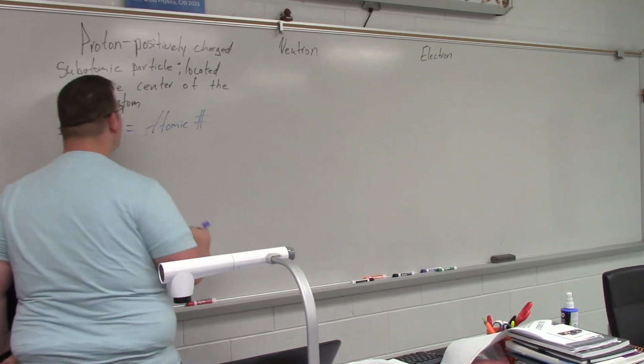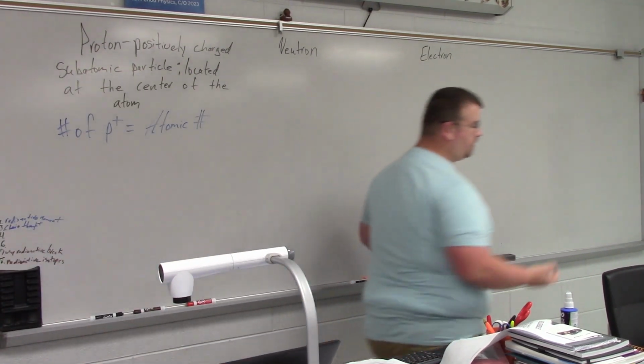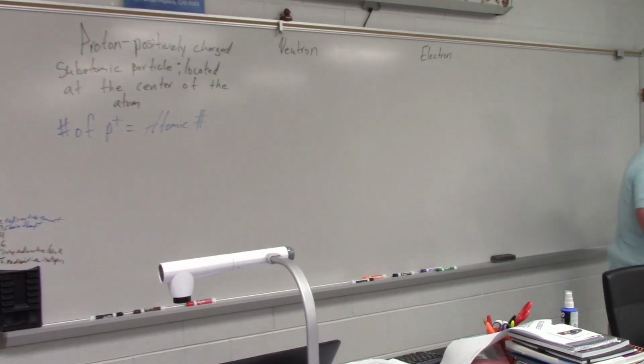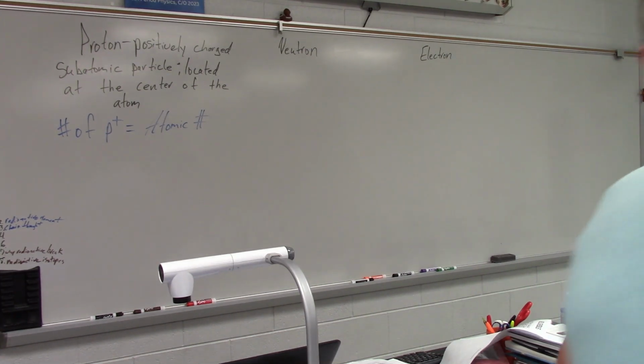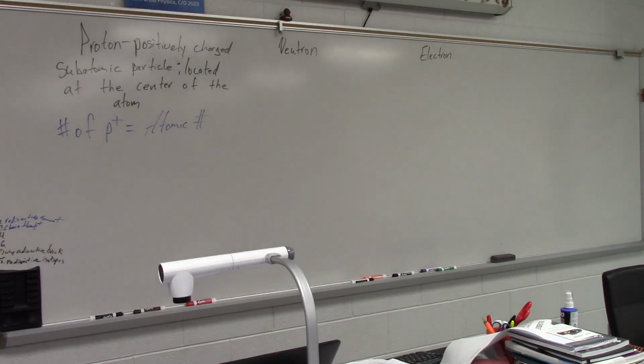Okay, so the number of protons is equal to the atomic number. The atomic number can be found where? On the periodic table, it's the top number. So I've given you a periodic table, and this is the same one I printed for you.